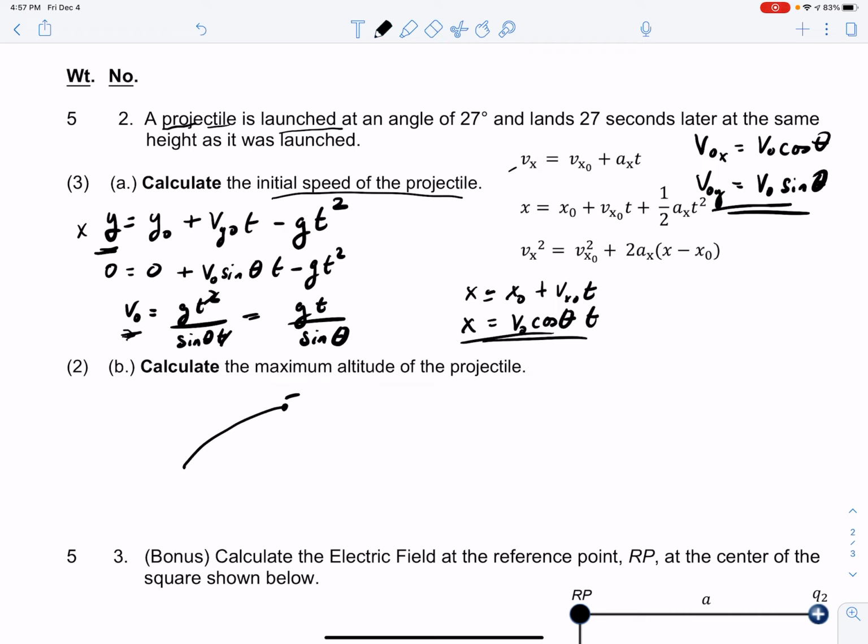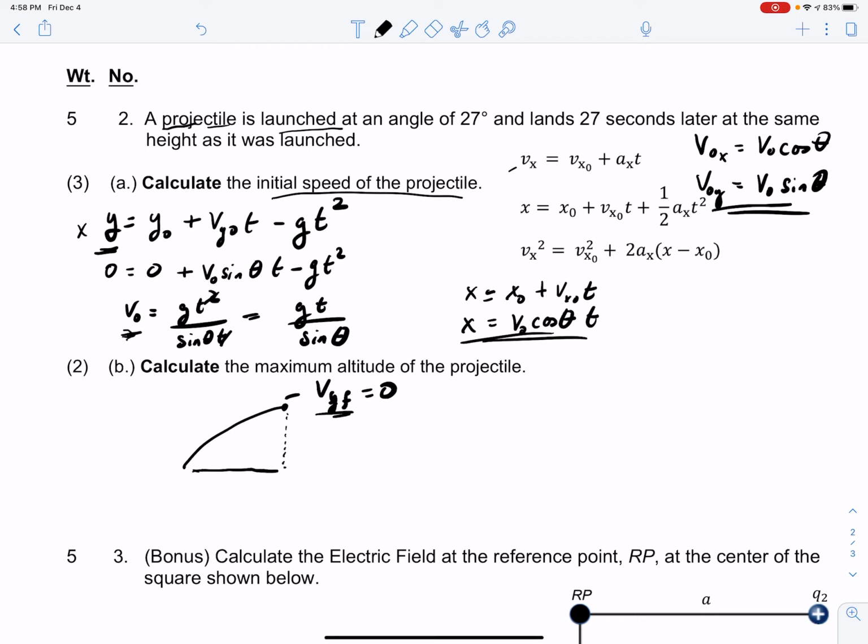It is actually the velocity in the y direction. The velocity in the y direction is equal to 0. So we have this trajectory to study.